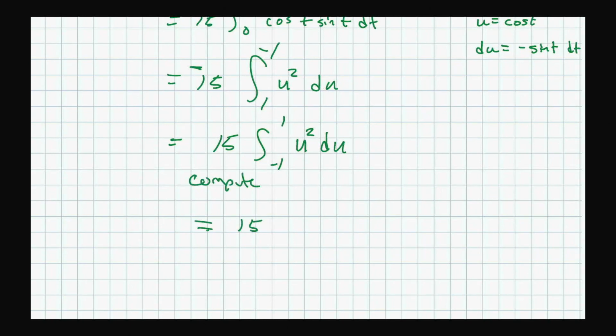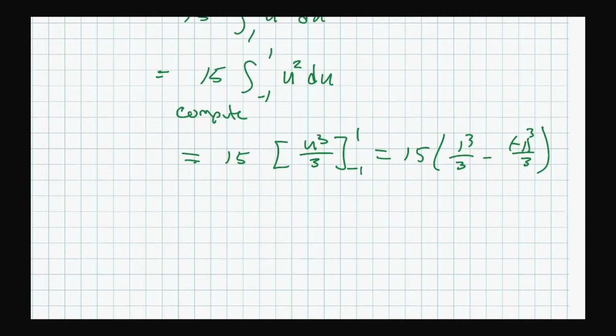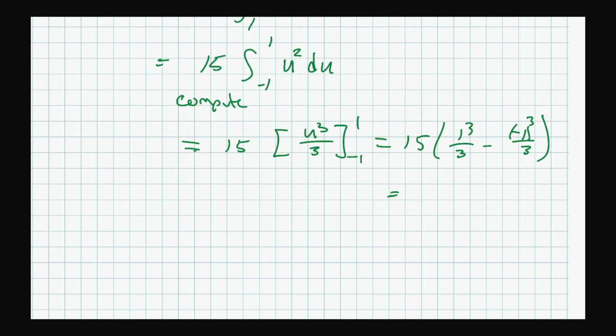So you end up with 15 u cubed over 3 from -1 to 1. So 15 times 1 cubed over 3 minus -1 cubed over 3, which is 15 times 1/3 plus 1/3, which is 2/3.